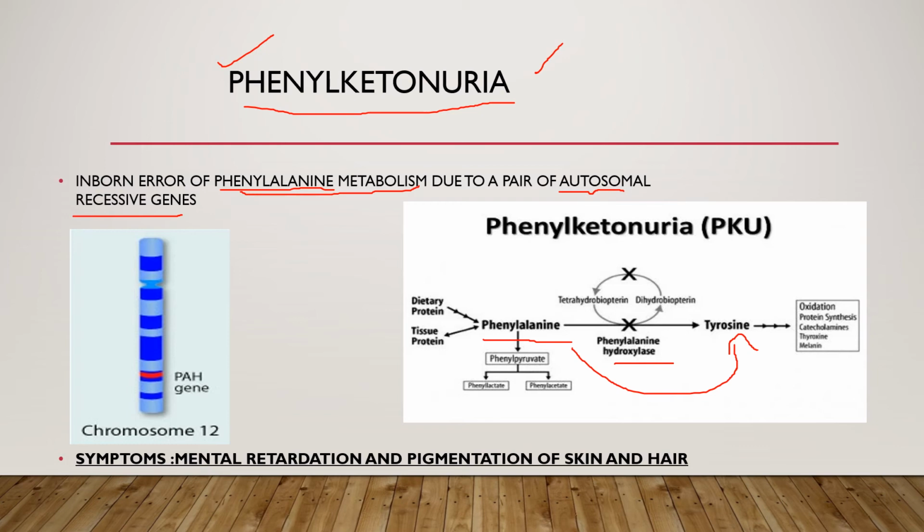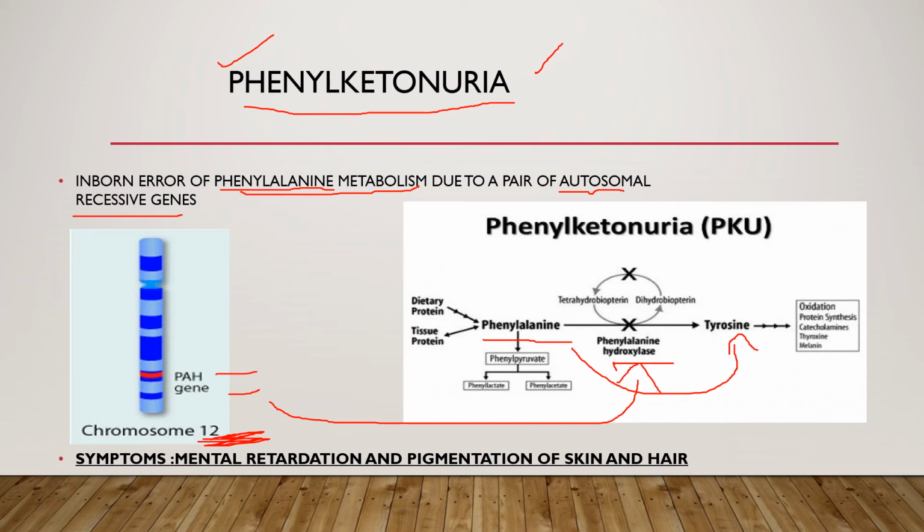This phenylalanine hydroxylase is produced by the gene located on chromosomal pair 12, and that gene is called the PAH gene, the phenylalanine hydroxylase gene. This PAH gene present on chromosome number 12 is responsible for the production of phenylalanine hydroxylase.